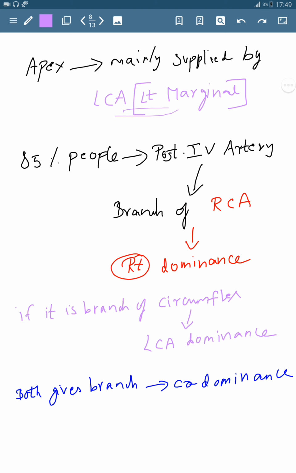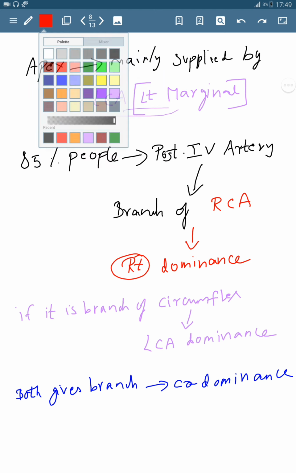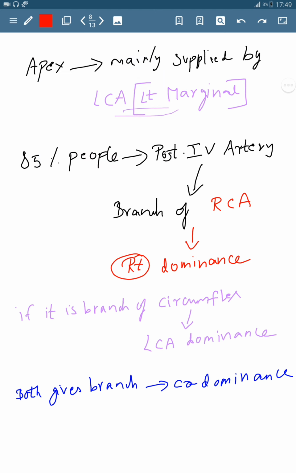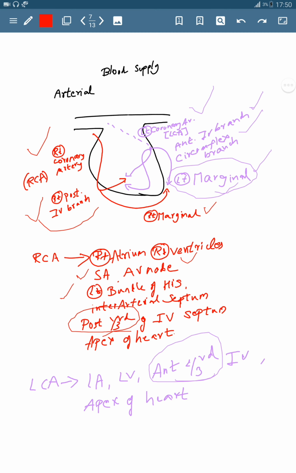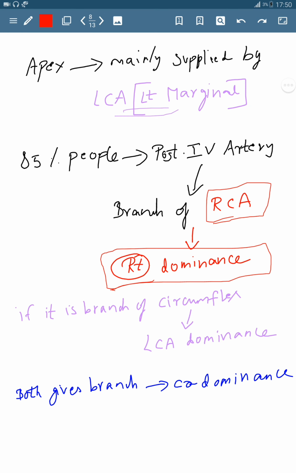This is an important MCQ. In 85% of people, the posterior interventricular artery is a branch of the right coronary artery. So most people have right dominance.